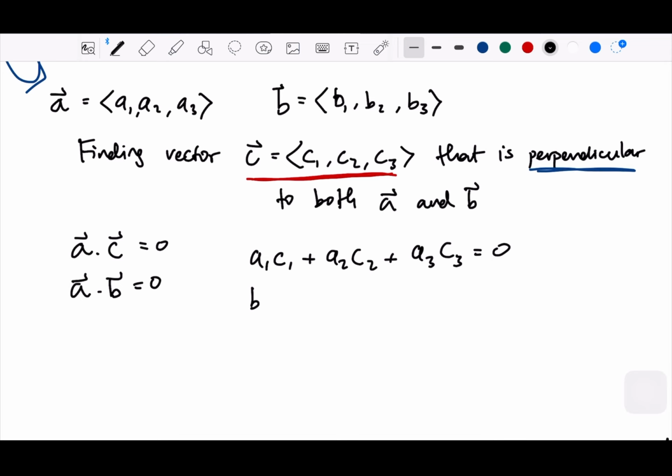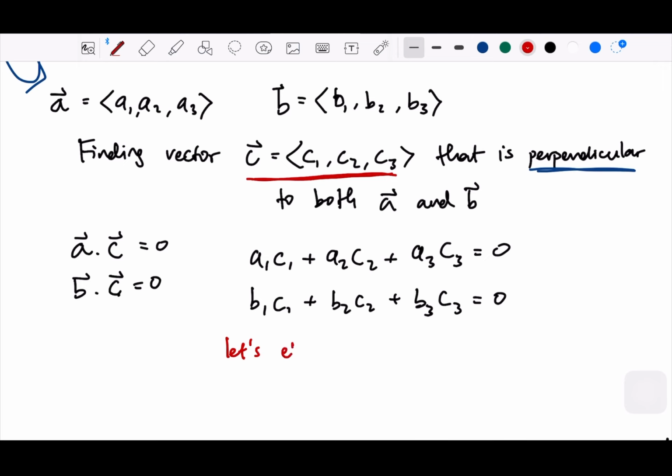And then B1, sorry, this is supposed to be B and C. B1C1 plus B2C2 plus B3C3 is also equal to 0.